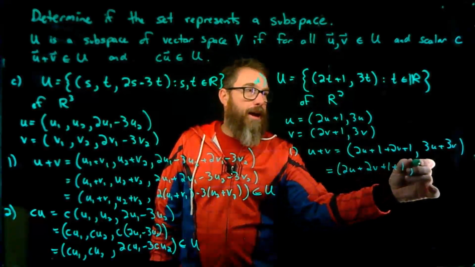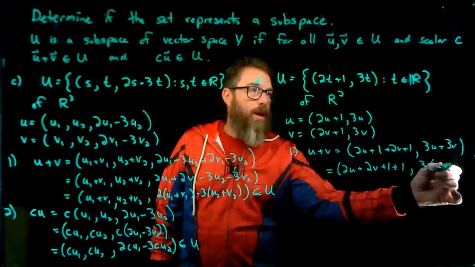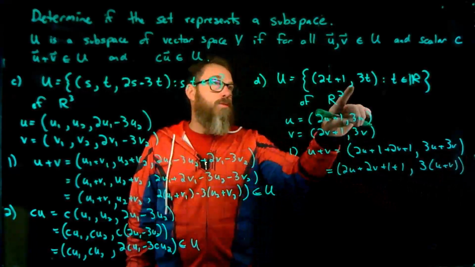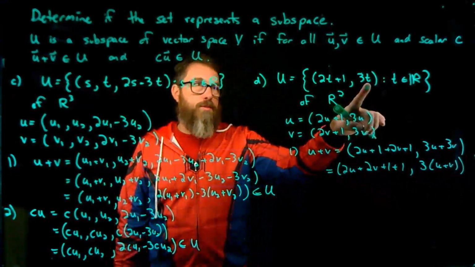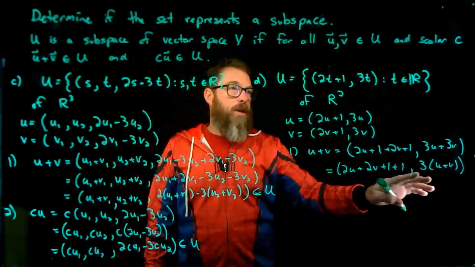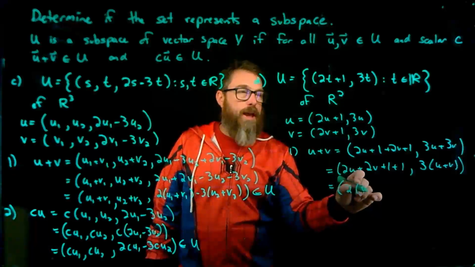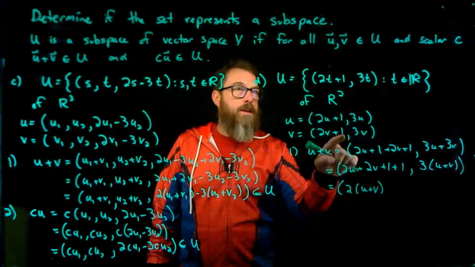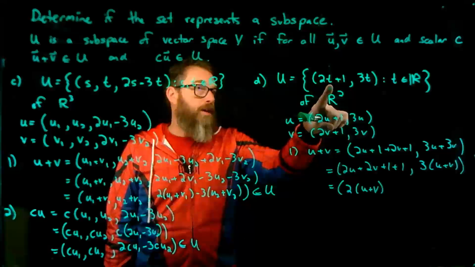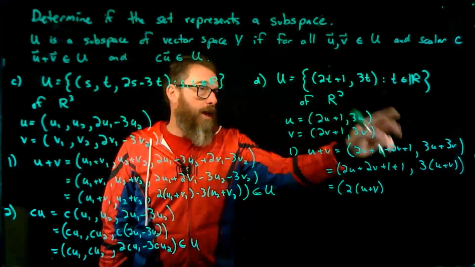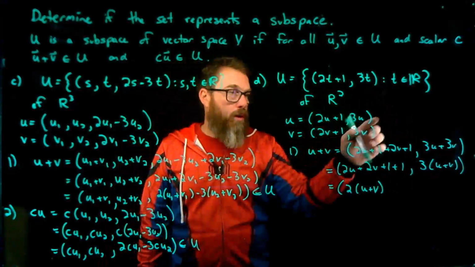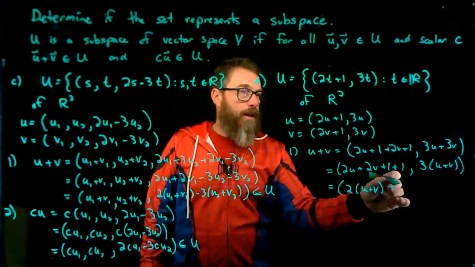And here what I would like is to just pull out that 3, because remember what I'm trying to show is that it's 3 times this particular T value. So U plus V. Now over here if I factor out 2, I have that U plus V. So it does look like 2 times that particular variable like I have here. But unfortunately when I do 1 plus 1, I get 2 back.